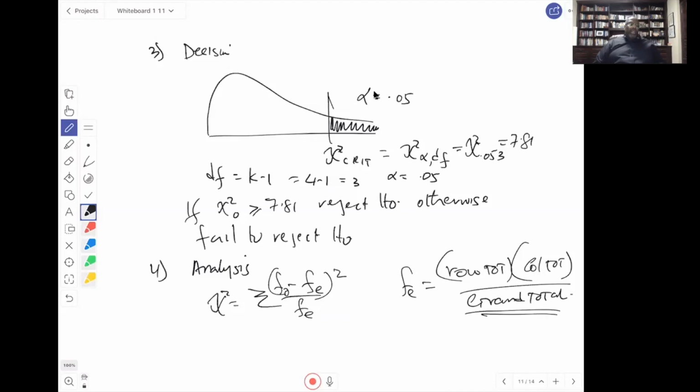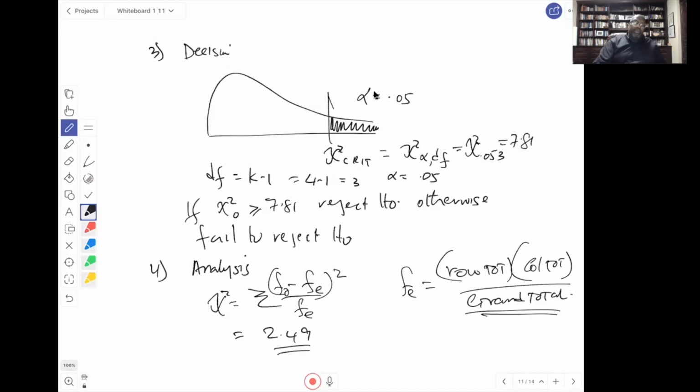So that's how you do that. You find the FE for each of the values, the corresponding. And say, what's its row total? What's its column total? Divided by the grand total, and that will give you FE. Once you do that, you will get 2.49 when you add them all up.